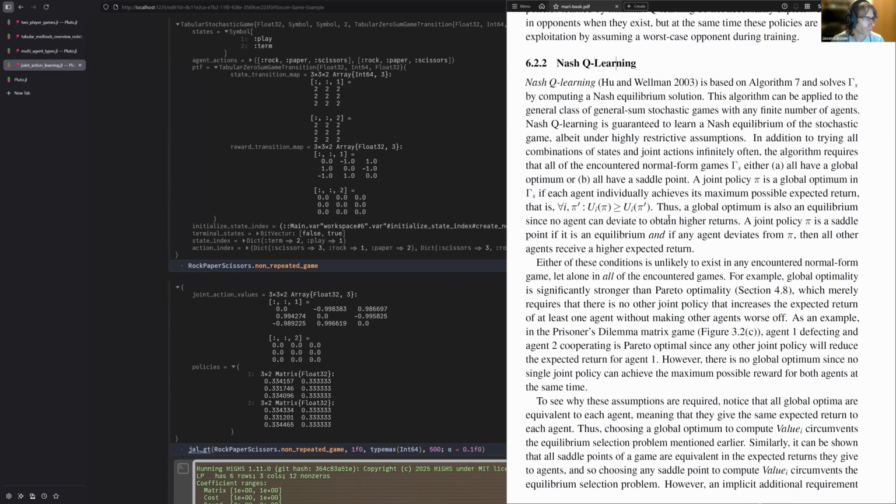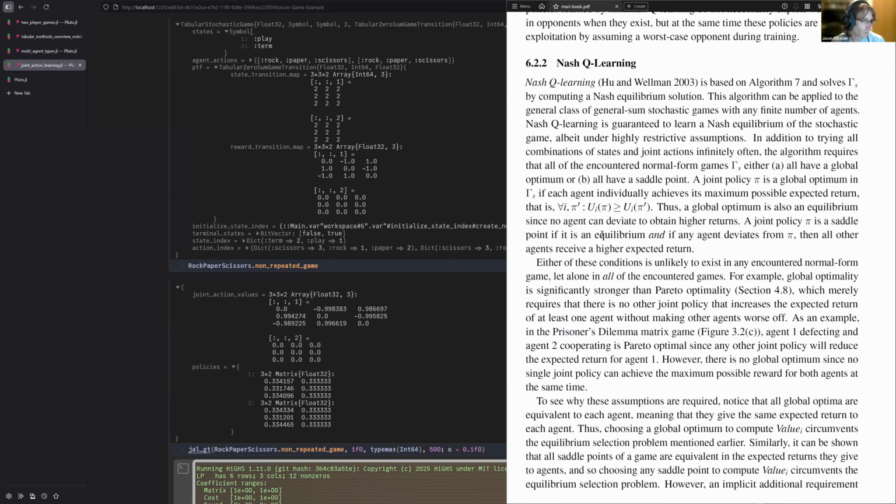There's also a note here about the conditions. First of all, we have to have an algorithm that actually can compute the Nash equilibrium, which is already difficult in the general case. And even if we have that, it's not guaranteed to converge. The actual sampling process we use in Q-learning is not guaranteed to converge to the Nash equilibrium.